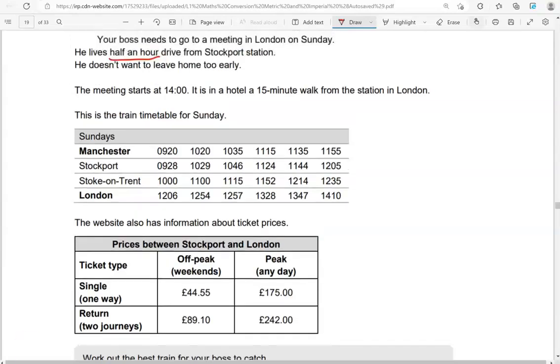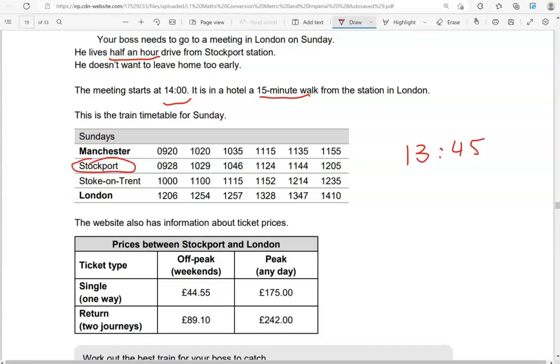So if the meeting starts at 14:00 and it's going to happen in a hotel that is 15 minutes away from the train station, then the latest that he can arrive is 13:45.